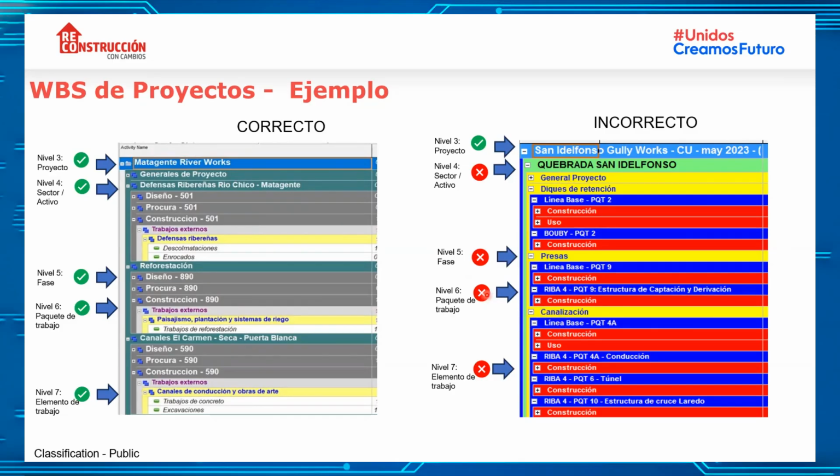Level 6, which should have been the work packages, was defined in an inferior structure, related to specific parts of the project according to the strategy of the project. And level 7, which should have been the elements of work, here we add the construction stages. And this should have happened in level 5.